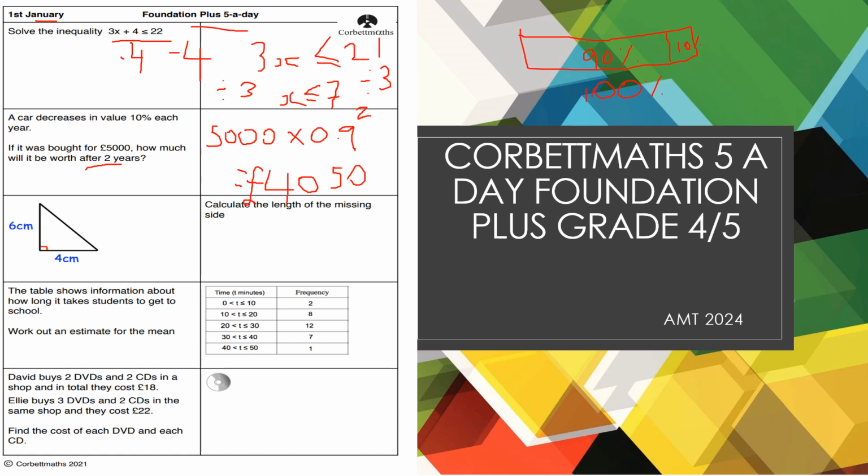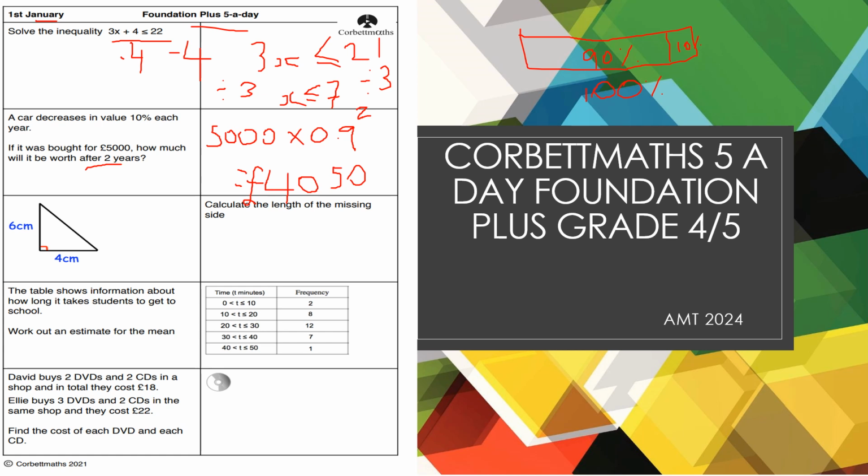Interest means more than 100%, more than 1. And a decrease, for example, maybe you have a discount, like a coat costs this amount of money, a pair of trousers costs this amount of money, and so on and so forth. So a decrease means that you're paying less than 100% of the price.